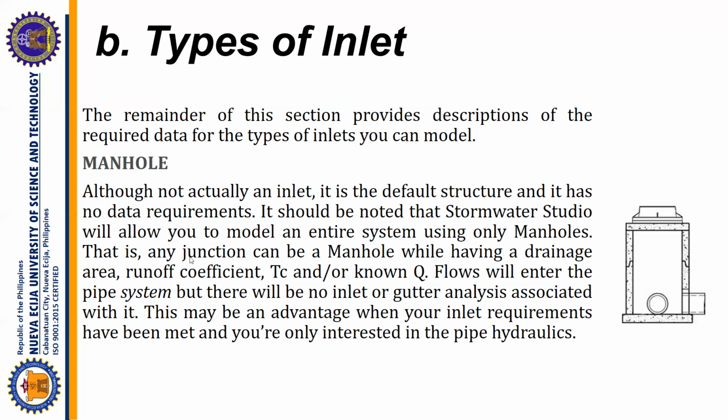That is, any junction can be a manhole while having a drainage area, runoff coefficient, TC, and or known Q flows that will enter the pipe system, but there will be no inlet or gutter analysis associated with it. This may be an advantage when your inlet requirements have been met and you're only interested in the pipe hydraulics.